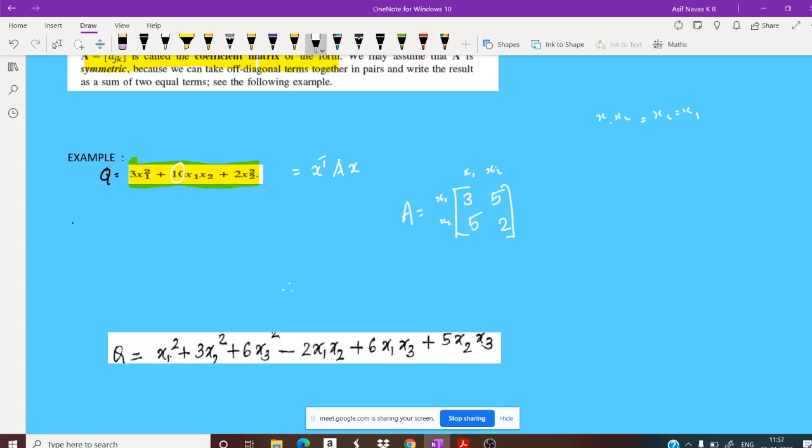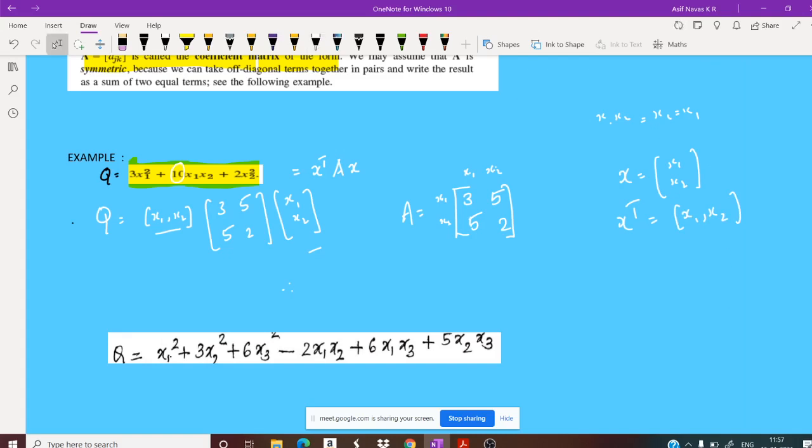Therefore this quadratic form Q can be written as x1 x2 times the matrix 3 5 5 2 times x1 x2, right? So that is x transpose Ax. Our x is of the form x1 x2, and x transpose is the transpose of this.